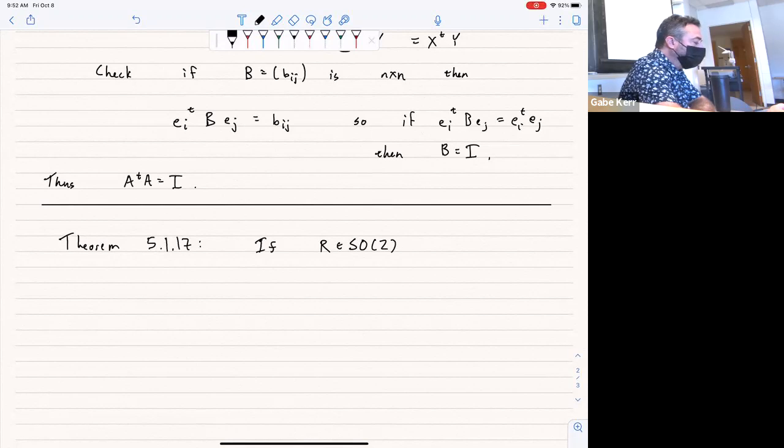By the way, let me ask you this, guys. Why are the determinants of orthogonal matrices only plus or minus 1? Why can't it be 17? All right, what do you think?